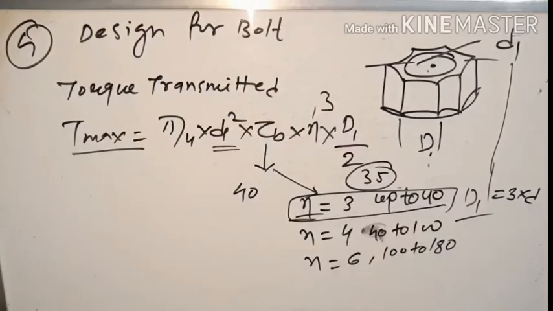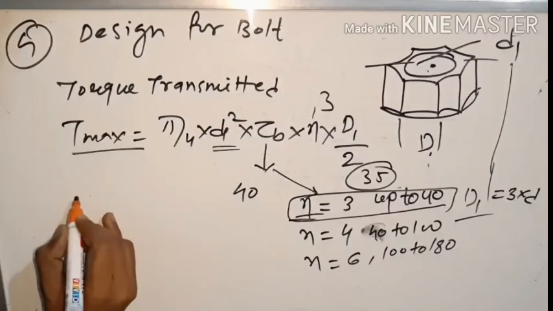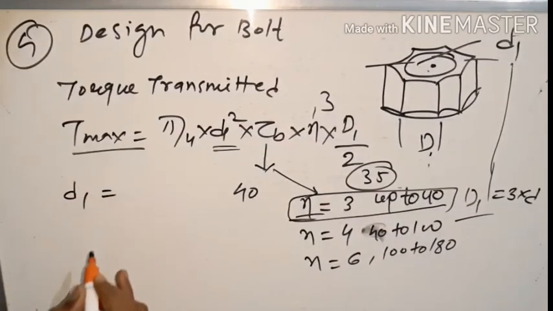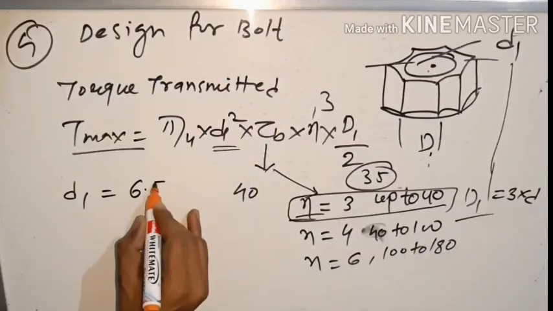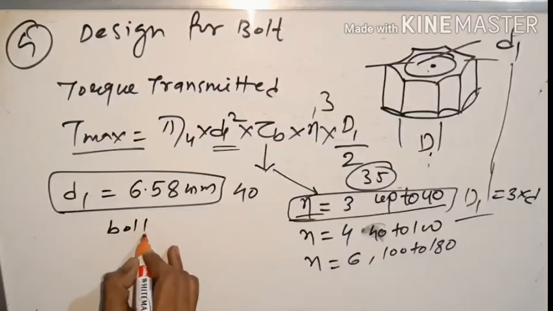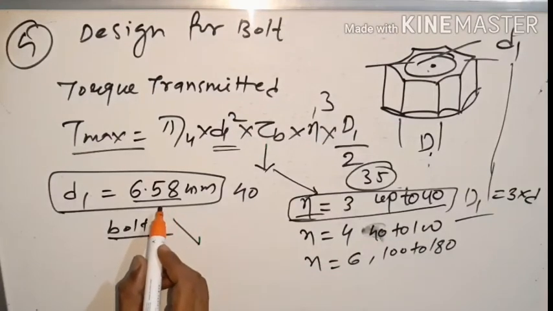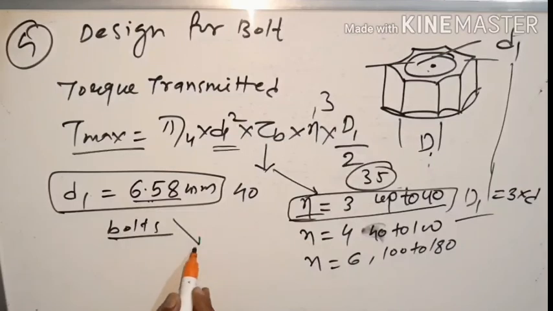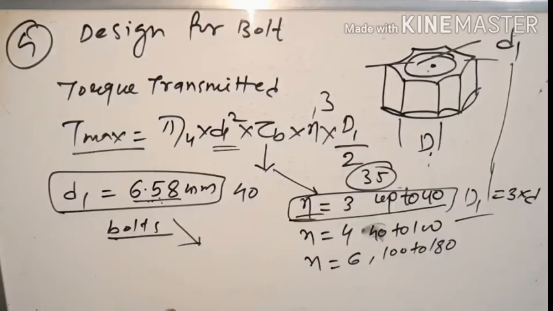So putting all the values here and finding D1, you find D1 is around 6.58 mm. But if we are talking about any kind of bolts, these are not fixed dimensions, and if you are looking for this dimension in the market, you will not find it, because bolts are available in the market in certain fixed nomenclature.